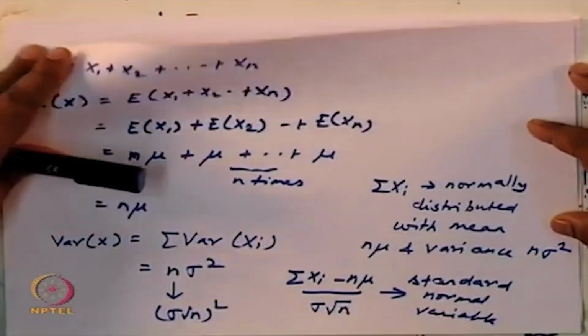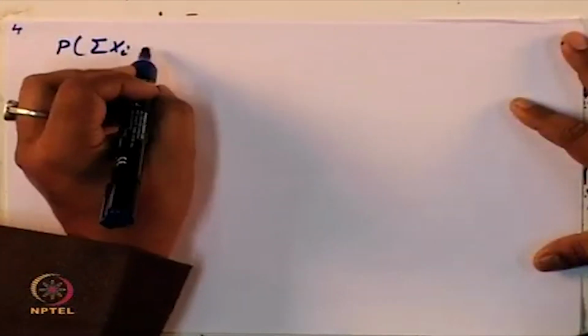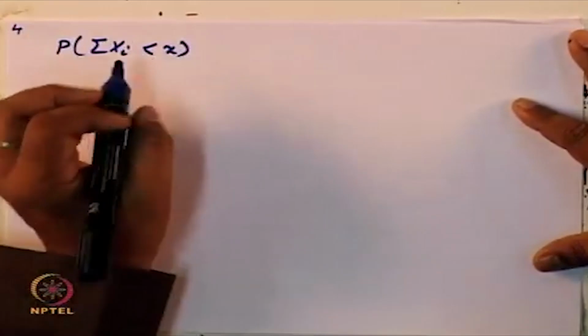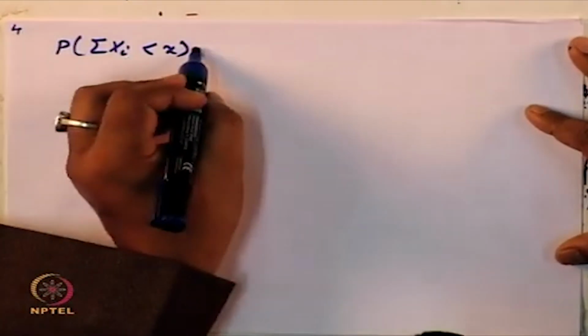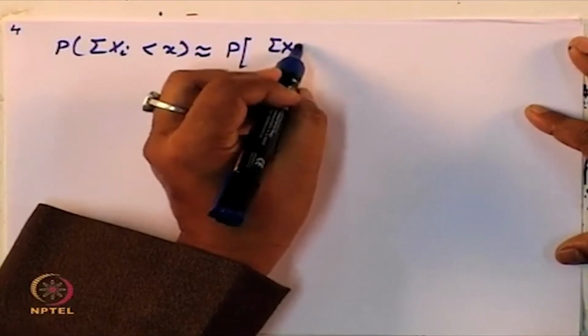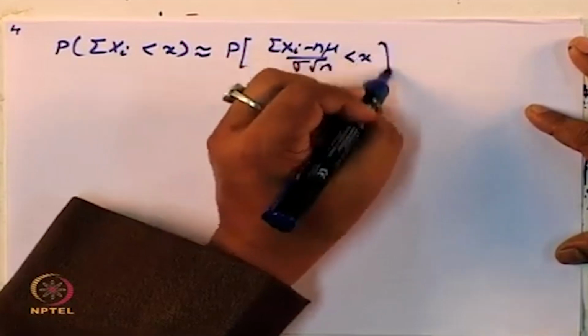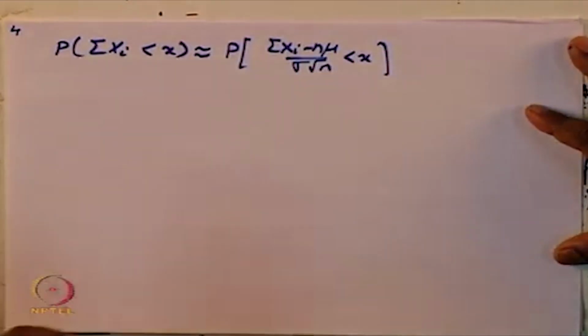So, the probability of summation xi less than x, you can approximate as the probability of summation xi minus n mu by sigma root n less than x. This is the approximation.